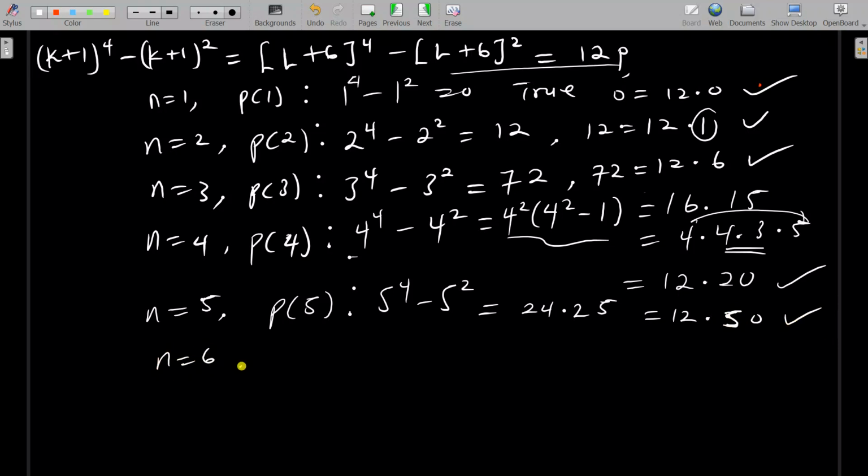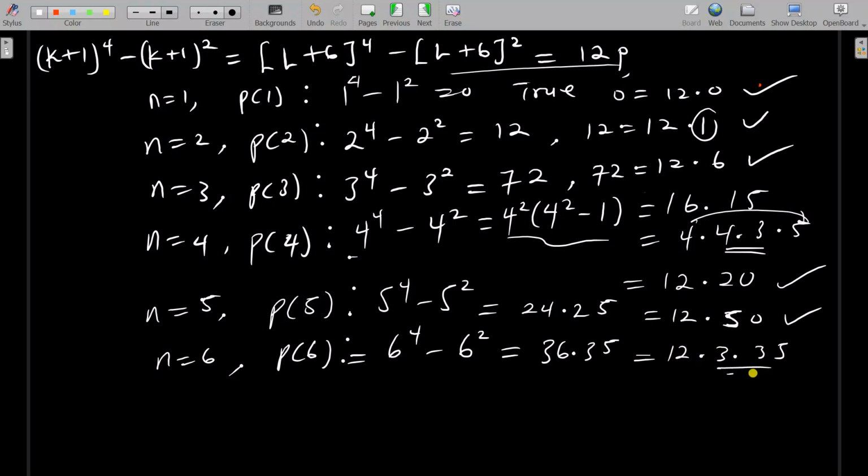Now n equals 6, P of 6 says that 6 to the power 4 minus 6 squared equals 36 multiplying 35, and this is the same as 12 multiplying 3 multiplying 35. So these two will multiply and give you a value, right? And so we have 12 multiplying something. That is also true.